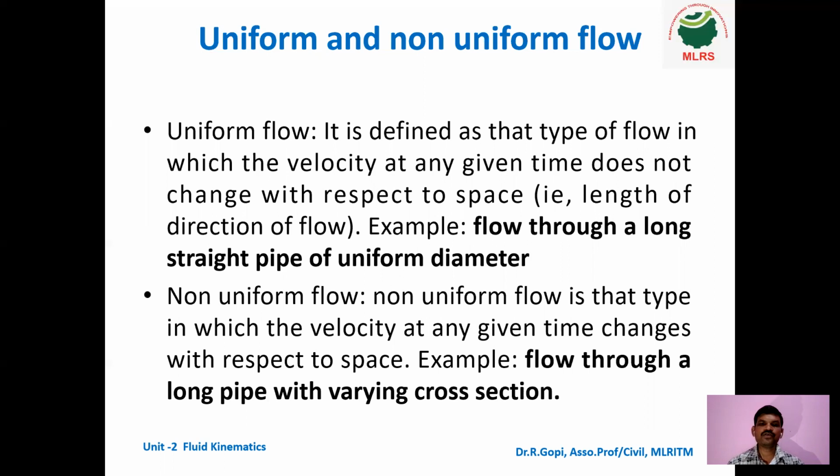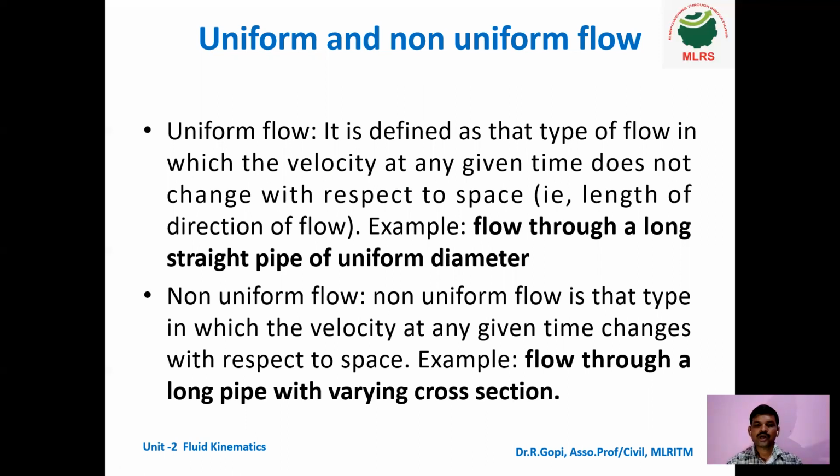In non-uniform flow, velocity at any given time changes with respect to space. Here velocity is continuously changing. The best example is flow through a long pipe with varying cross section.